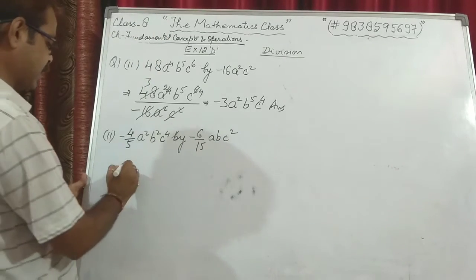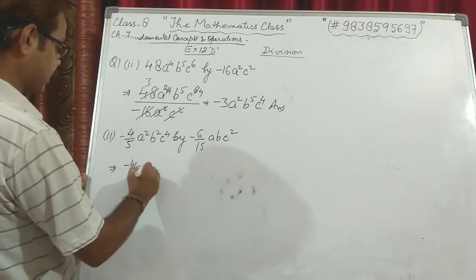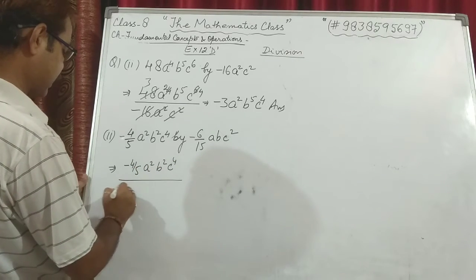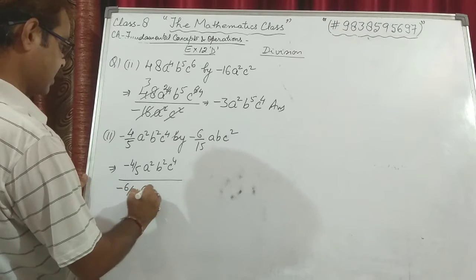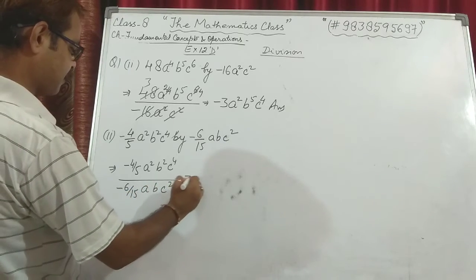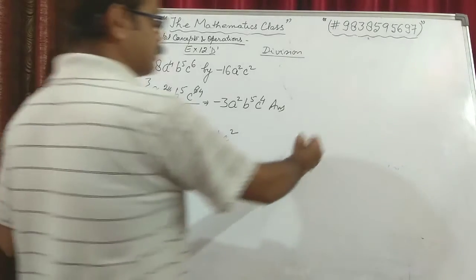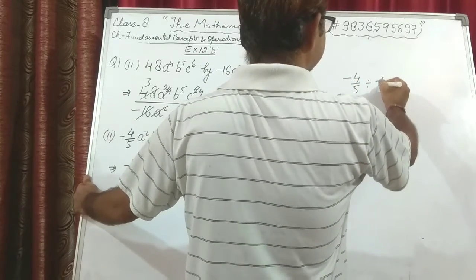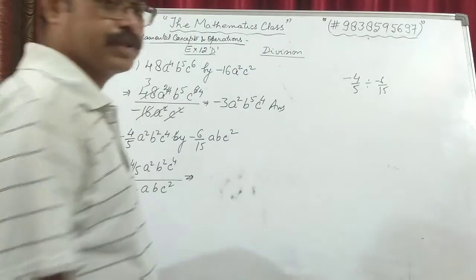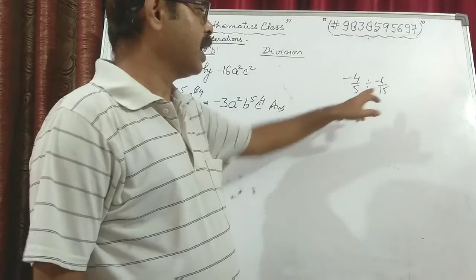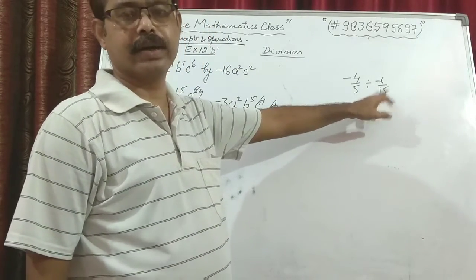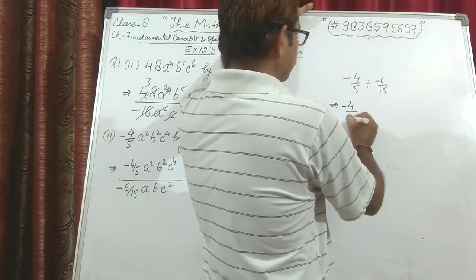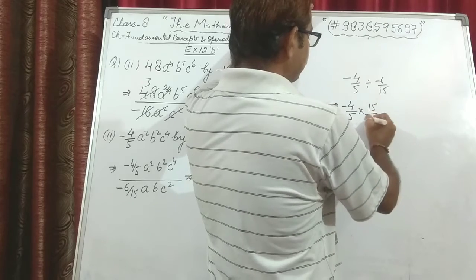So again this will be written as minus 4 upon 5 a square b square c to the power 4 divided by minus 6 upon 15 a b c square. Now I am solving minus 4 upon 5 when divided by minus 6 upon 15. We know that the division sign converts to multiplication and the fraction next to the division sign gets reciprocal. So this can be written as minus 4 upon 5 into 15 upon minus 6.